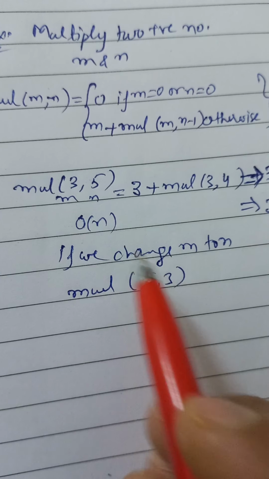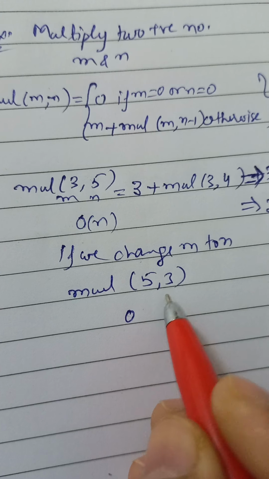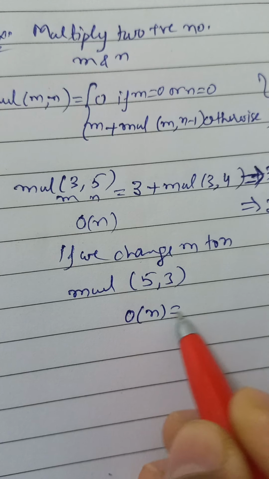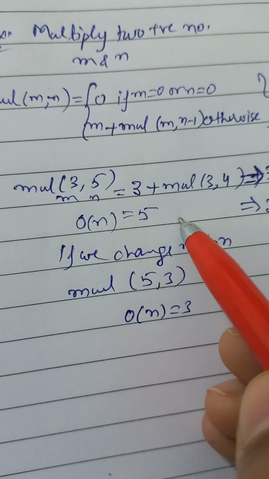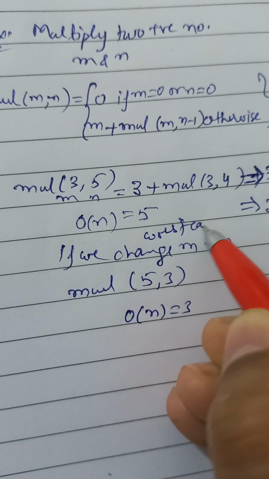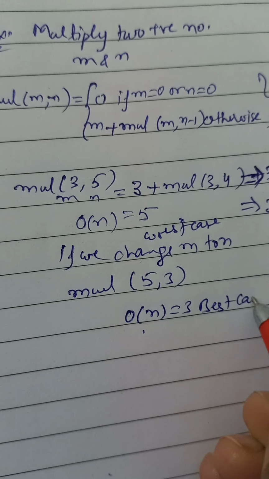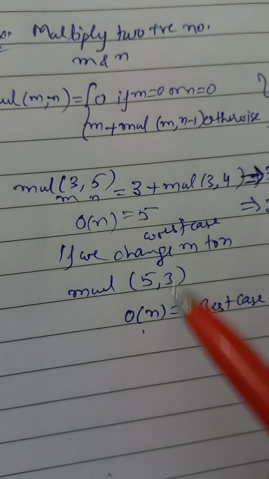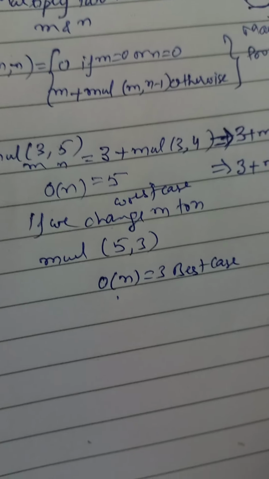From order of 5 it will reduce to order of 3. So here n is 3, but earlier n was equal to 5. So we can say this is the worst case and this is the best case. By changing the order we can change all these scenarios.